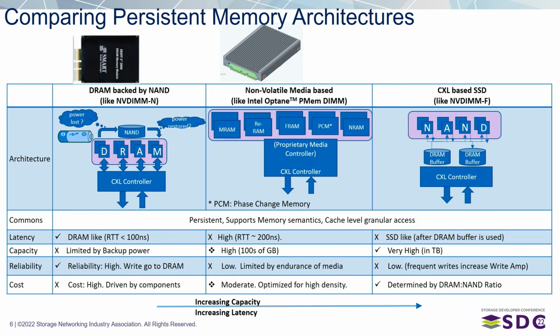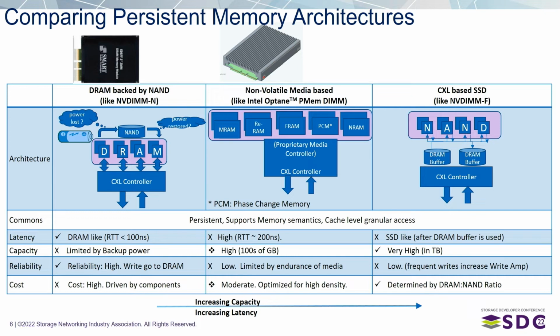If you look at the latency, NVDIMMs will give you a DRAM-like latency, or a standard memory module-like latency, because your active data is stored here. When you go to the phase-change memory-based or persistent media-based implementations, it will give you a higher latency, but the latency is determined by the media itself.